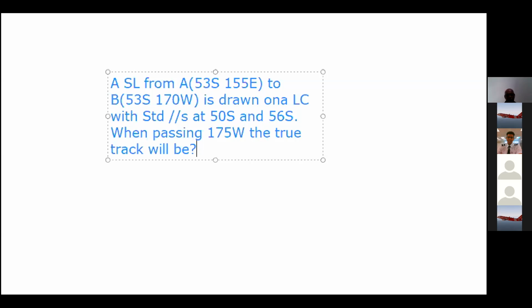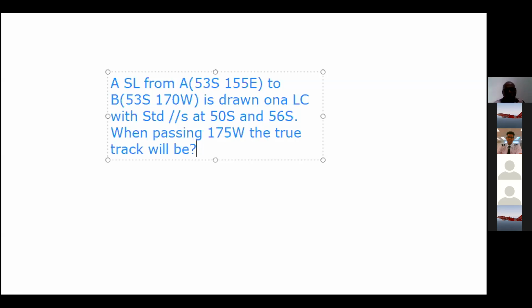Anyone else who did this? Nina, what is the change of longitude? We'll say between 155 east and 175 west. 30 degrees. What is the parallel of origin? 53 degrees south.